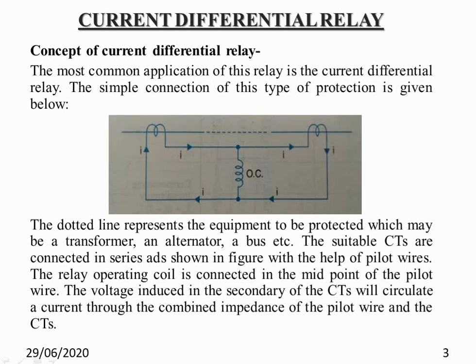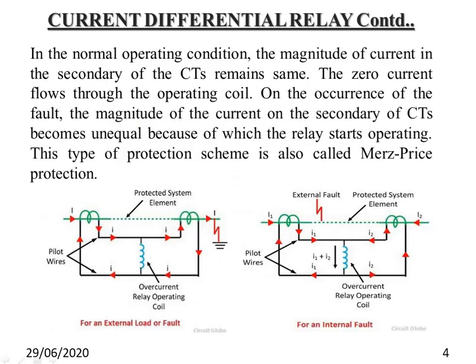See, in the next slide, for the current differential relay, how this current differential relay works. First, we should know if any fault occurs within the protection zone. Suppose we take an alternator, a transformer, or a feeder. Now we should select the particular zone. Suppose I am taking the example of a transformer winding.